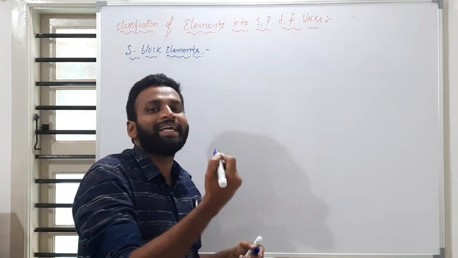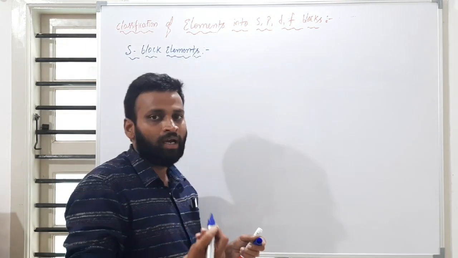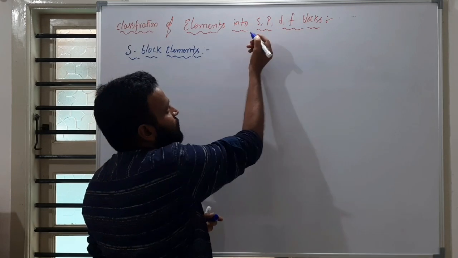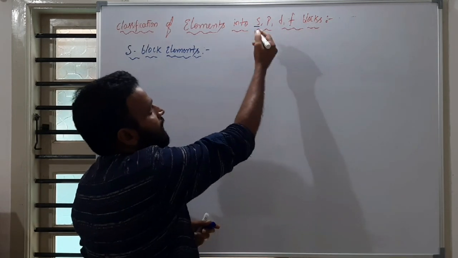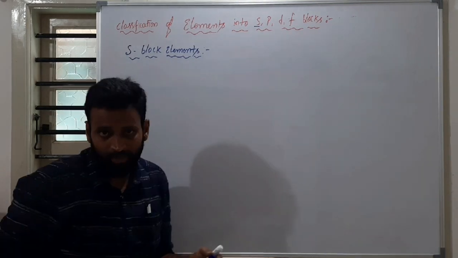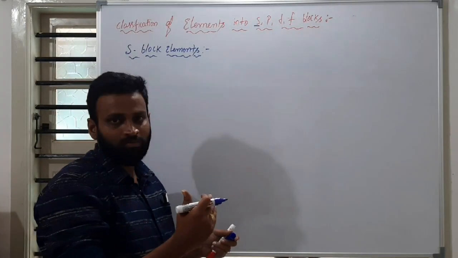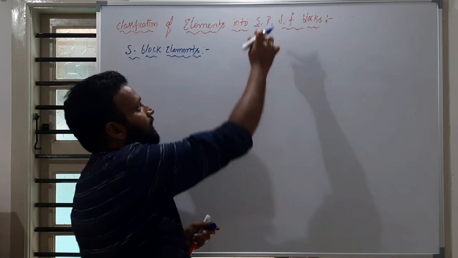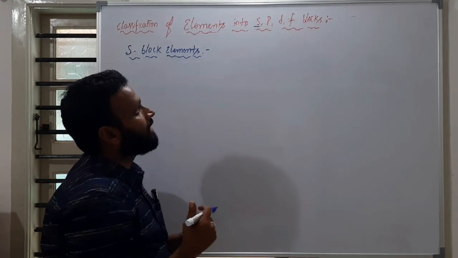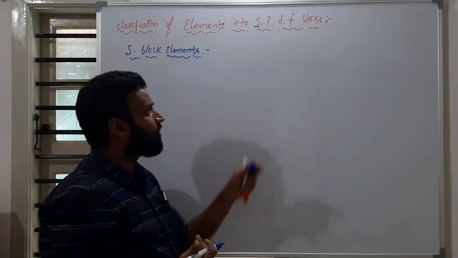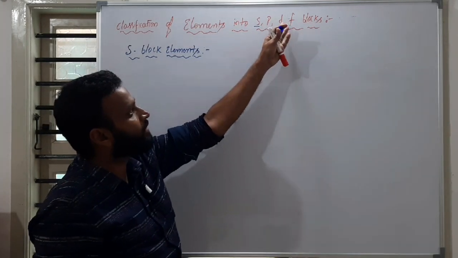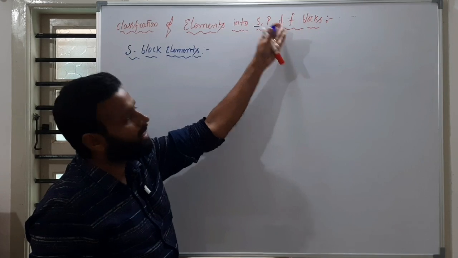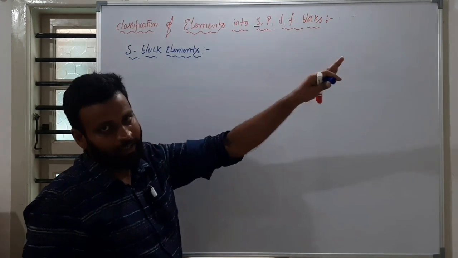The differentiating electron, the last electron, enters into a particular subshell. If the last electron enters into the S subshell, they are called S block elements. If the last electron enters into the P subshell, that element is called a P block element. Like that, if the electron enters into the D orbital or D subshell, that is called a D block element.